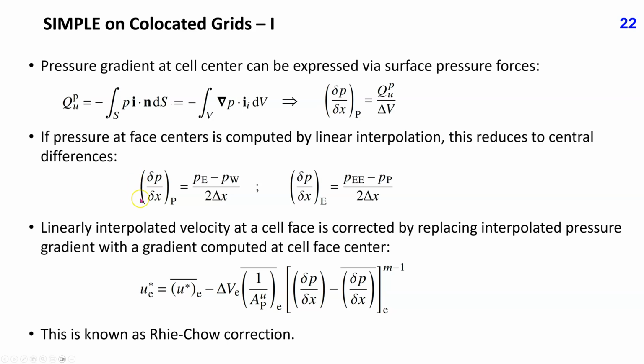These expressions show the effective pressure gradients at nodes P and E. To compute mass fluxes through cell faces, we need to interpolate velocities to face centers. Linearly interpolated velocity at a cell face center is corrected by replacing interpolated pressure gradient with a gradient computed at the cell face center. The over bar denotes interpolation. This is known as Rhie-Chow correction, which is introduced to couple the velocities and pressure more tightly, like on staggered grids, and avoid checkerboard oscillations.